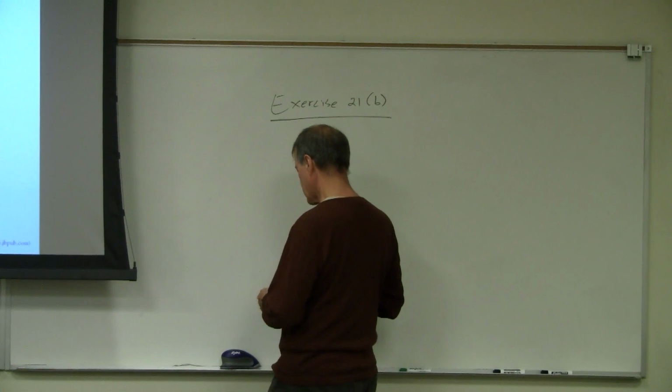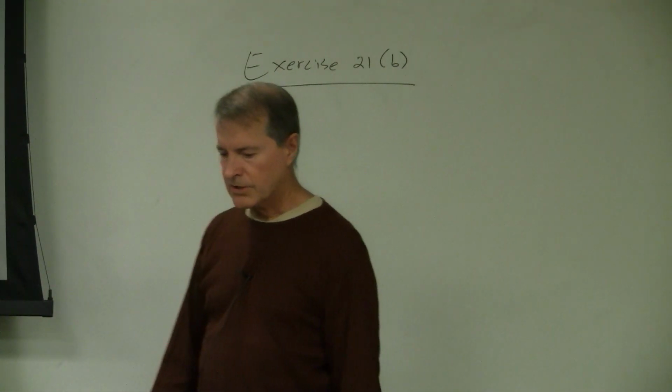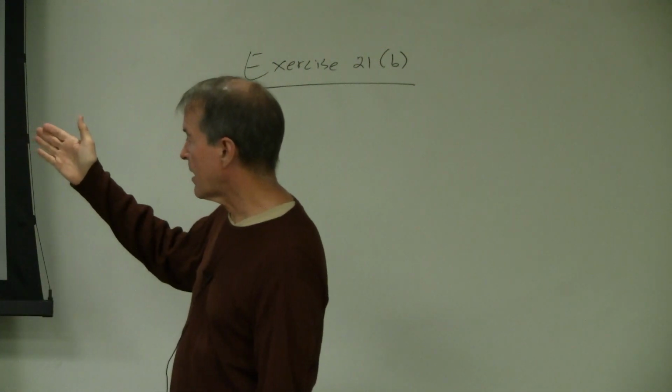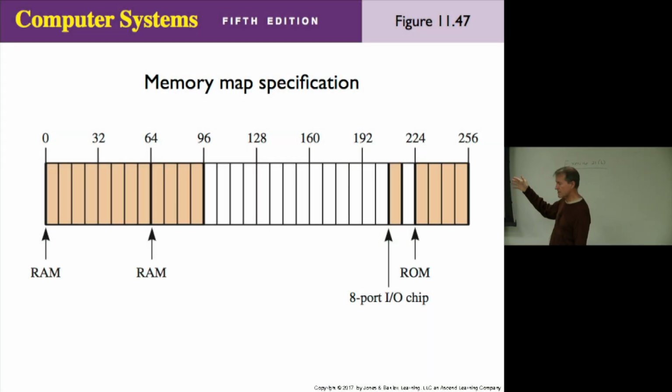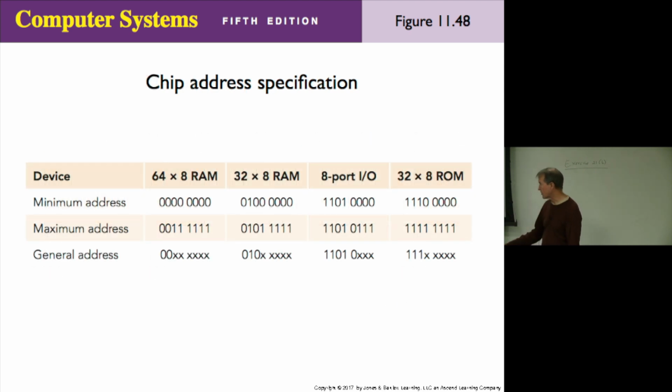So this is the partial address decoding one. This slide is the example that you model it after. In figure 11.46, we have a memory map of how we want it to be populated. I assume you know how to do the full address decoding.